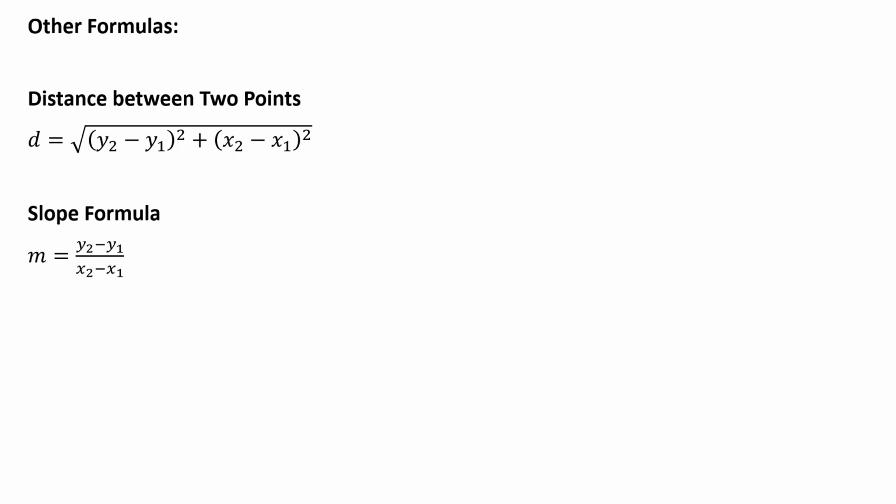When calculating the possible values of slope, it can be a negative value, a positive value, 0, or maybe undefined. Allow me to read each of the following.